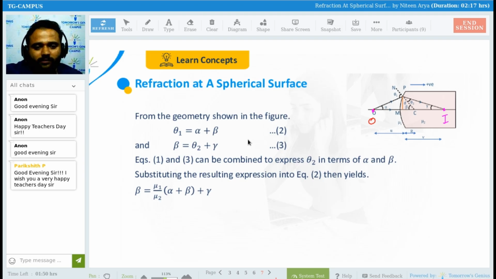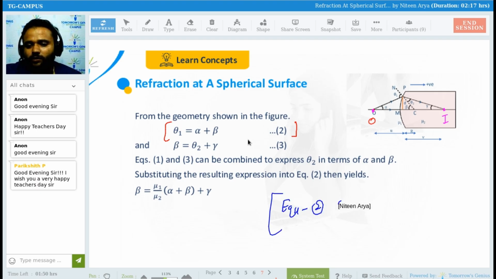Equation 2 comes from an identity, and that particular identity is from 10th class geometry. Let me write it down here.